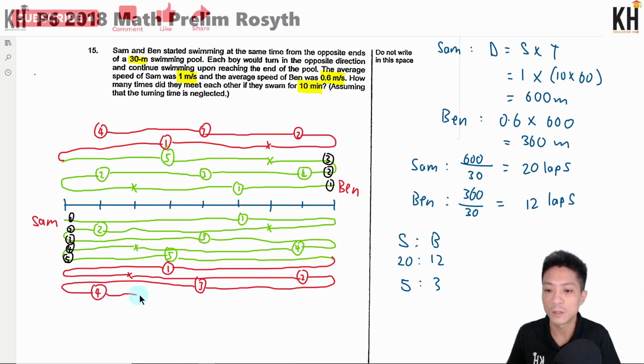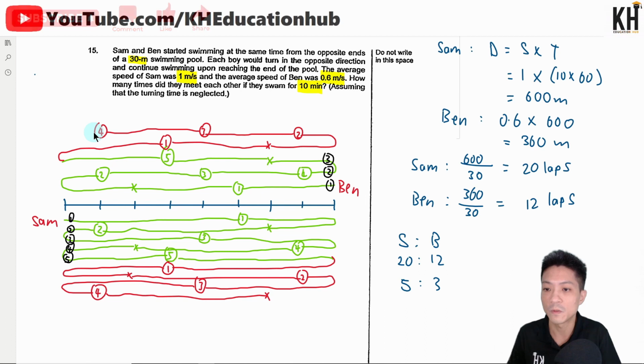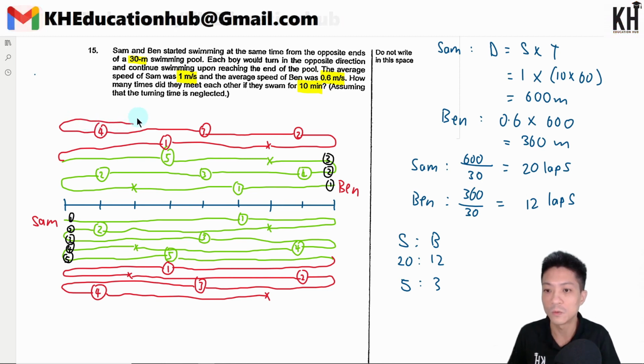Okay, so 1, 2, 3, 4, 5. They do not meet each other. Okay, for Ben is 1, 2, 3. Okay, they do not meet each other.